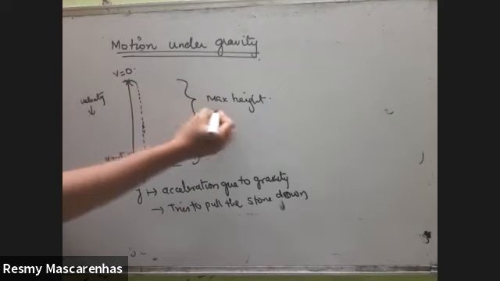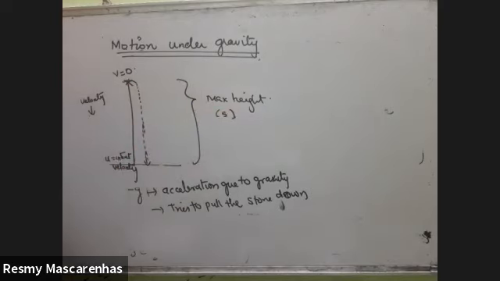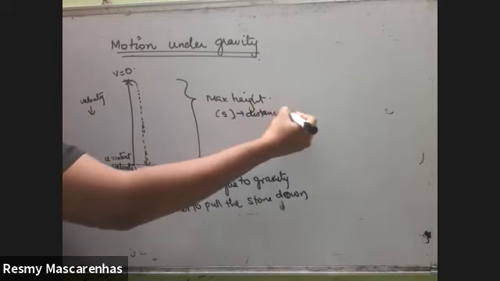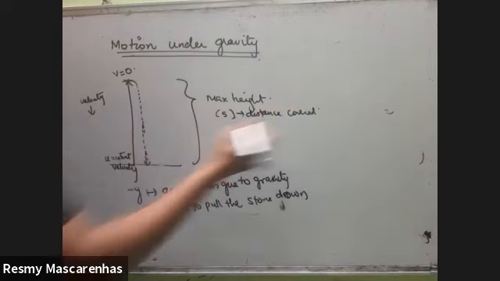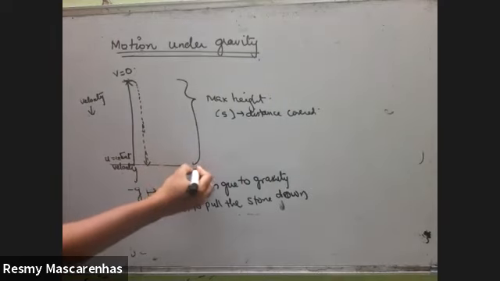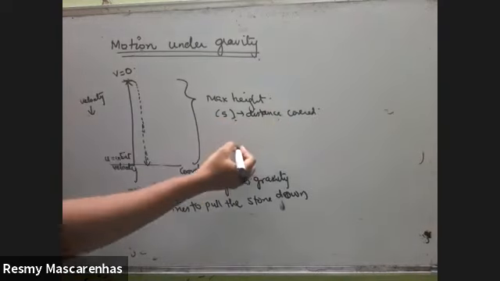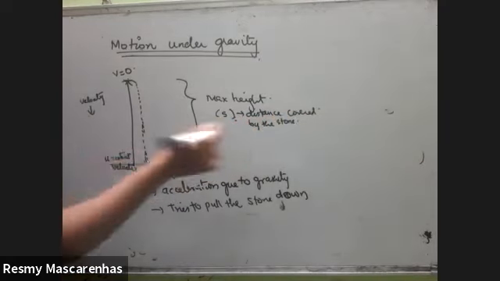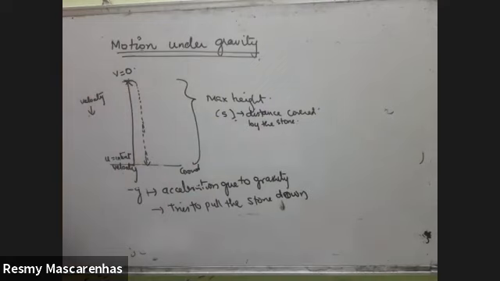It is also called the distance covered by the stone. Okay, so this is the S. Suppose you are throwing from the ground, it will be the distance covered by the stone to the maximum height.